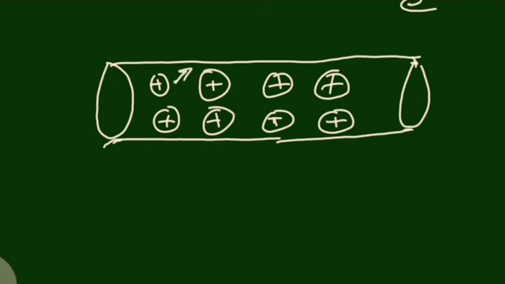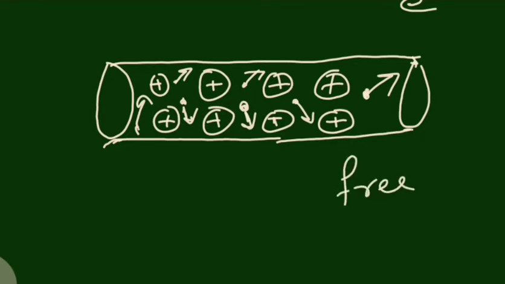In metals, you know that the electrons are free to move. The electrons are free to move throughout the metal. They won't escape from the surface, but they will move inside the metal. These electrons which are free to move, we name free electrons.